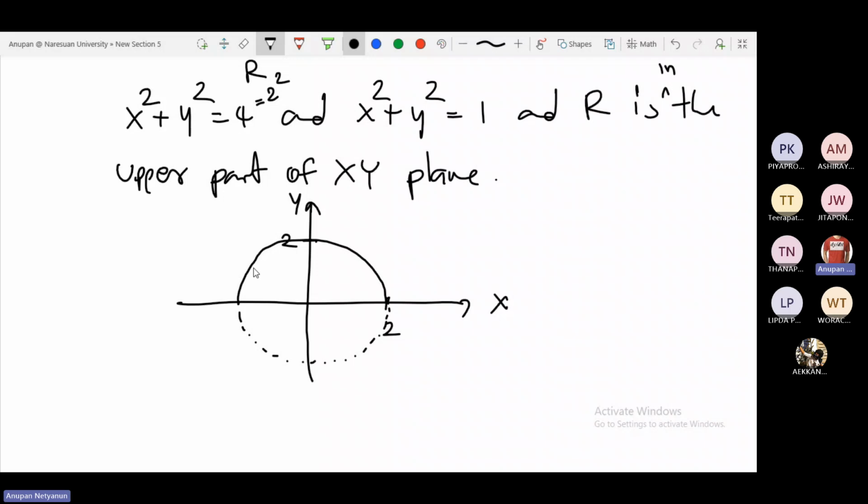Now, you can see that I'm using the dotted line at the lower part here because actually we will not use this part at all, because we want the region R to be in the upper part of the XY plane. Okay, but let me draw it anyway. This one is going to be the circle of radius 1.